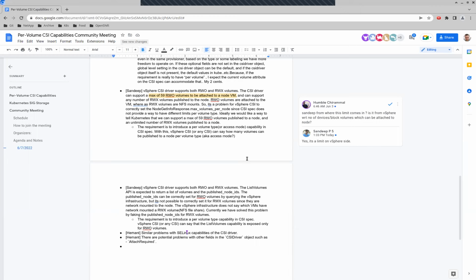Actually, I see there is a field called volume lifecycle modes that was added to the CSI driver to let a driver specify what volume modes are supported, and you can add multiple volume modes. So I feel that field suggests the CSI driver should support multiple volume modes. That was more about persistent or ephemeral, not really access modes.